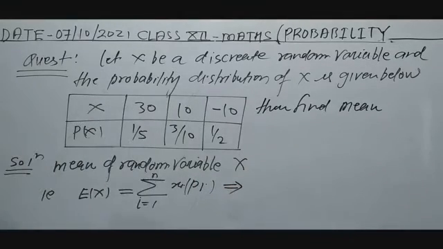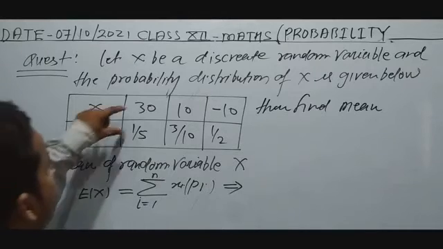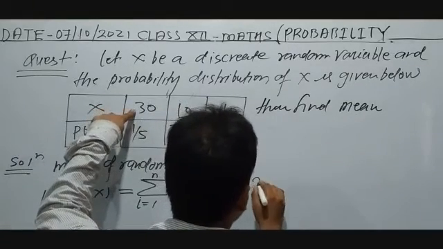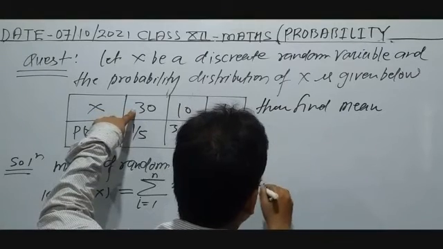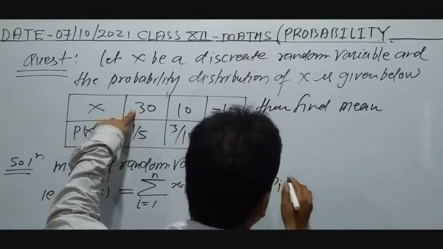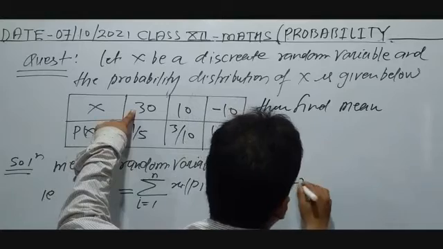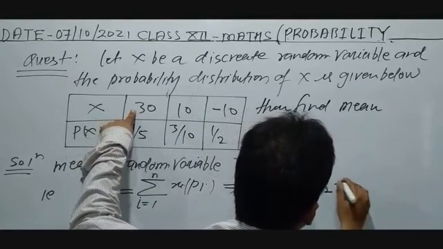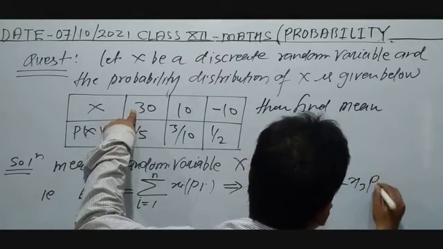Its result will be x1 p1 plus x2 p2 plus x3 p3.